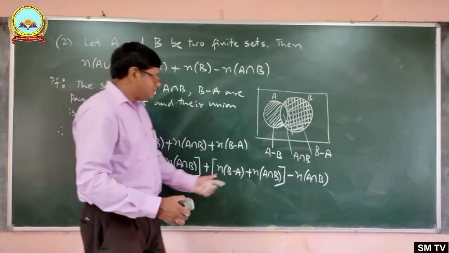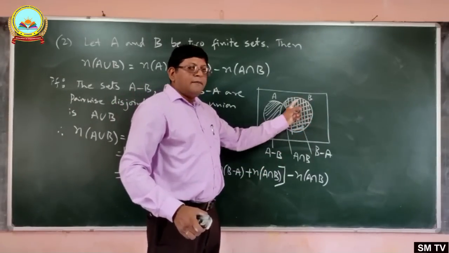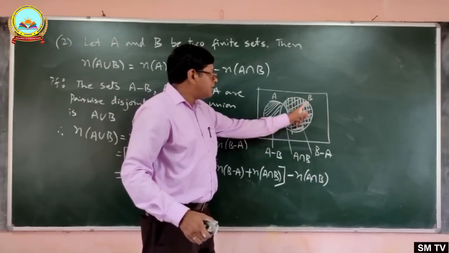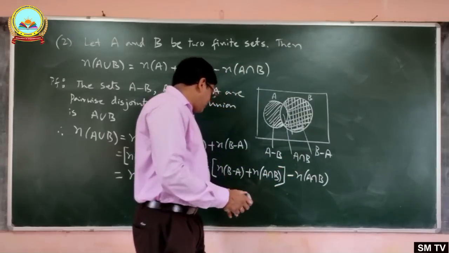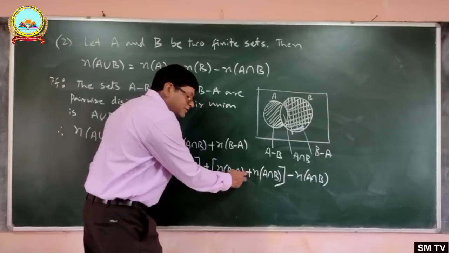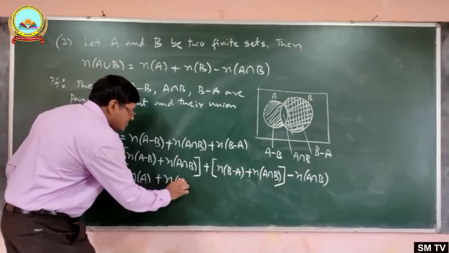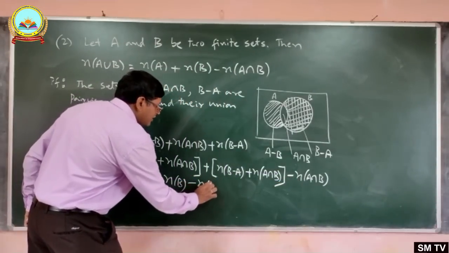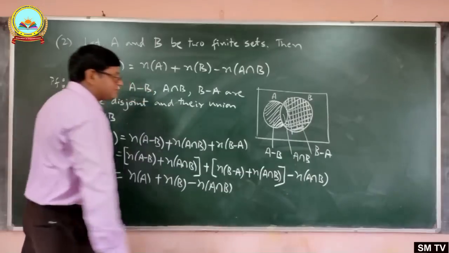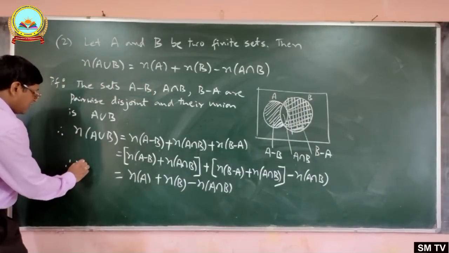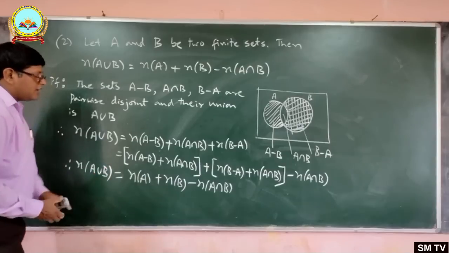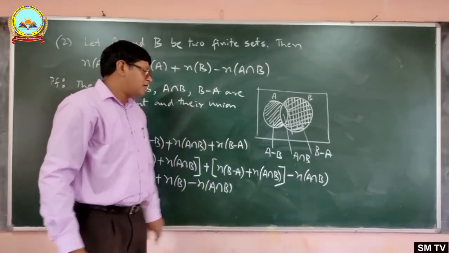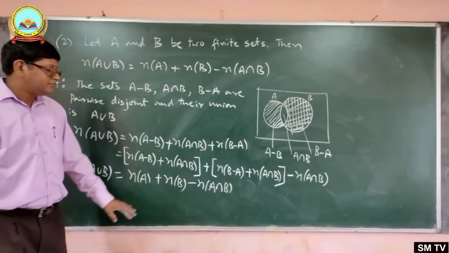Similarly, see the second bracket here. The set B minus A and the set A intersection B, these two are disjoint sets, and their union is set B. Therefore, the sum of these two must be n of B, minus n of A intersection B. So therefore, n of A union B is equal to n of A plus n of B minus n of A intersection B. Okay, this is a very important result.